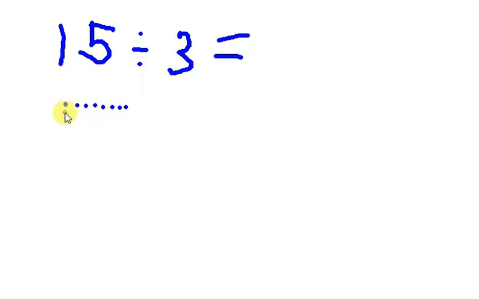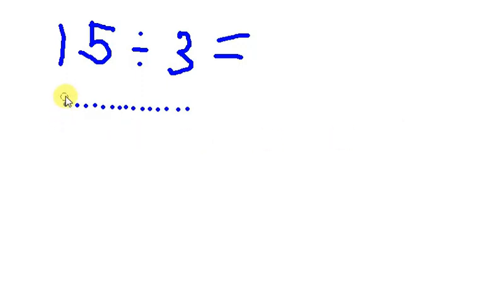Let's do the counting as we represent: 1, 2, 3, 4, 5, 6, 7, 8, 9, 10, 11, 12, 13, 14, 15. Good. So at this end, what we do is continuously take away 3 from the 15 to see how we get our answer.